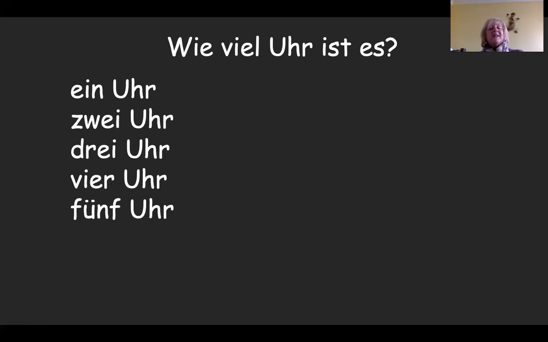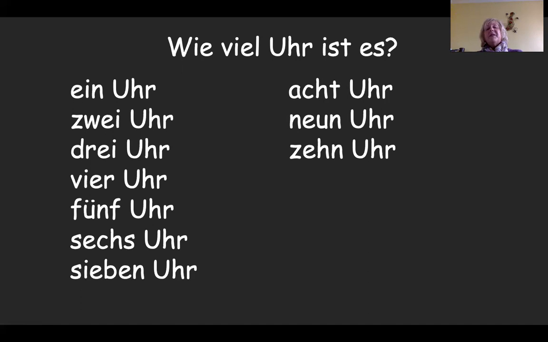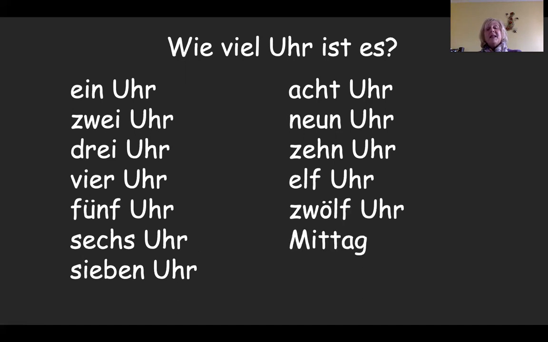So how do you say 6 o'clock? 6 Uhr. 7 o'clock. 7 Uhr. 8 o'clock. 8 Uhr. 9 Uhr. 10 Uhr. 11 o'clock, oh dear me. 11 Uhr. 12 Uhr, or more specifically, if you want to say midday, Mittag.